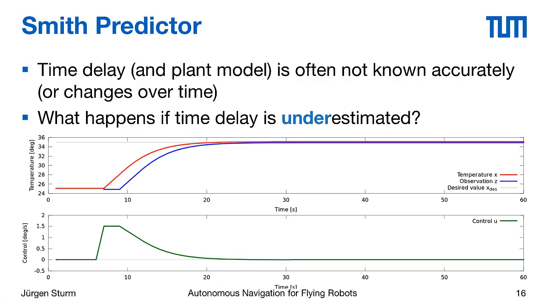An alternative then is to underestimate the time delay, and that's actually what's often done in practice, because then you don't get this overshooting effect of your prediction. Although you still have a certain discrepancy between your model and the actual system because you're underestimating the time delay.